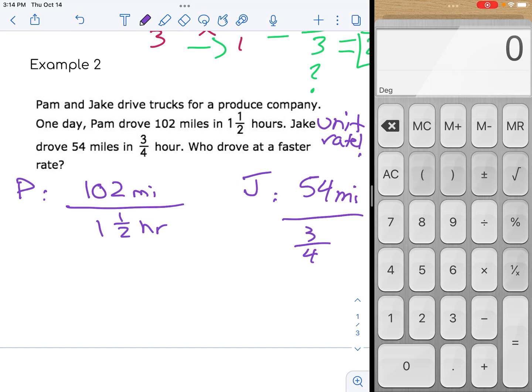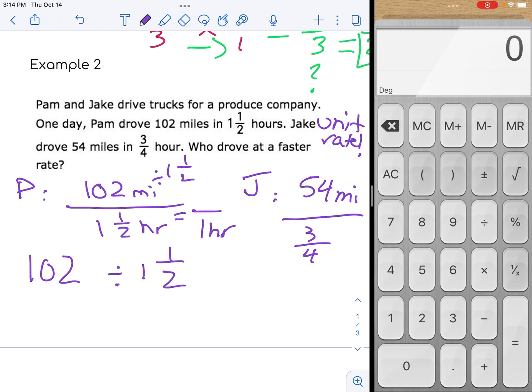So to have our unit rate, our denominator of 1 for both, we're going to have to divide. So we need to divide for Pam by 1.5. So we're going to have to do 102 divided by 1.5.